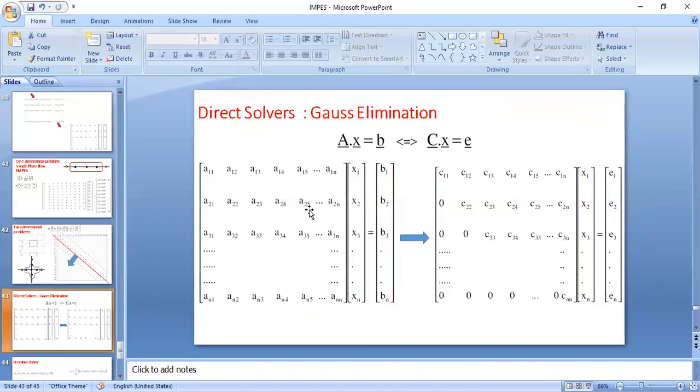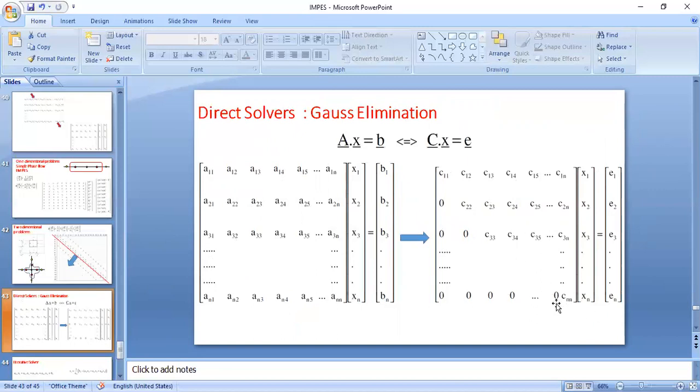So this is again the Gauss elimination method. The idea is Ax is equal to b is transformed into Cx is equal to e, where the coefficient matrix C is an upper triangular matrix. The lower entries are 0, and corresponding to the matrix operation we do here, the right hand side vector b also changes. Finally it becomes e.